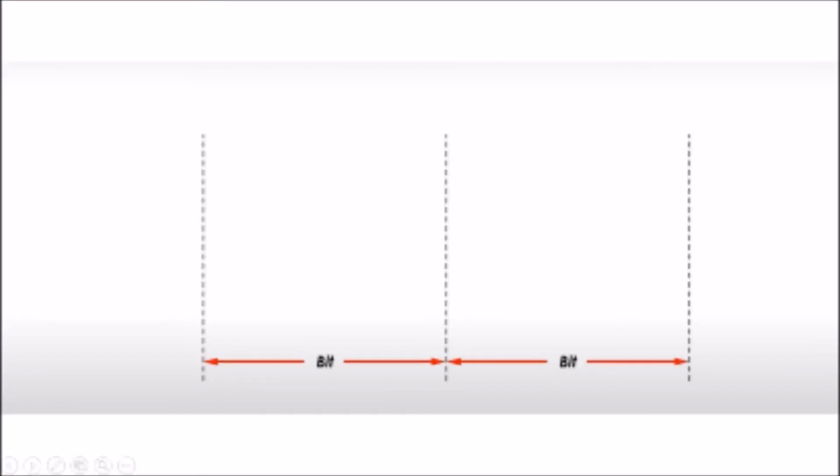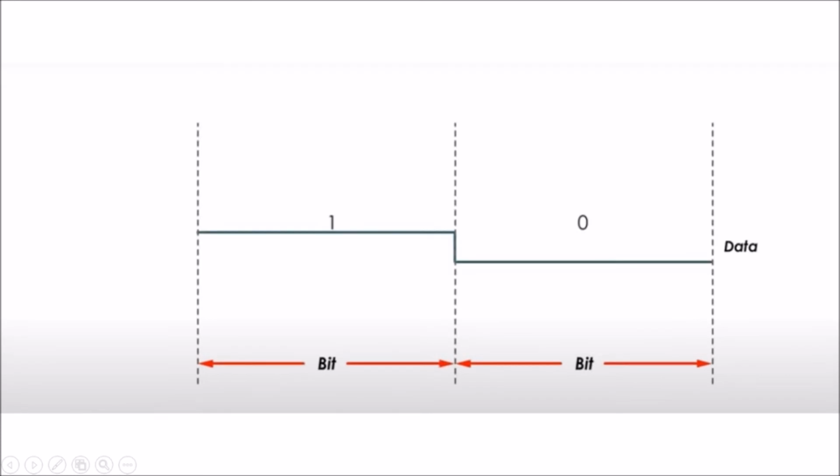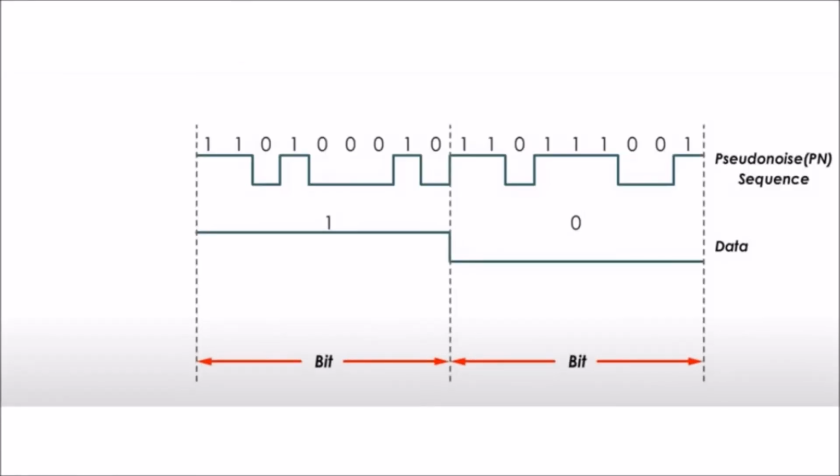And now, let's get deeper and talk about how the PN code works on the original data bit by bit. This is how it works. Suppose that we send 2-bit data of 1 and 0. To encode our original signal, we add some noise, which are PN sequences or chips.